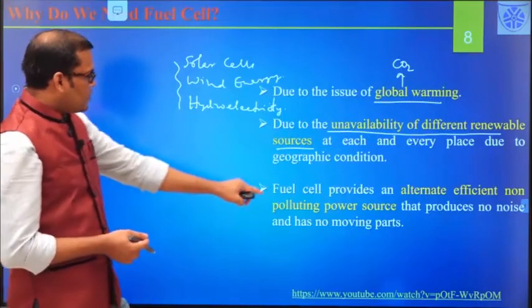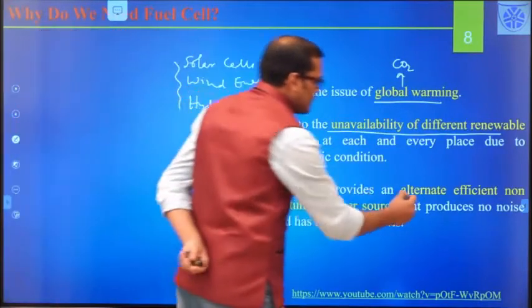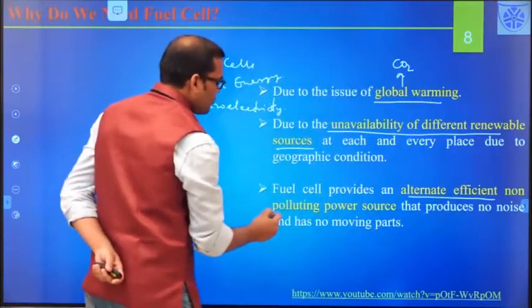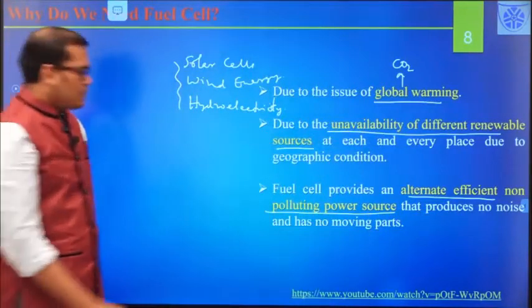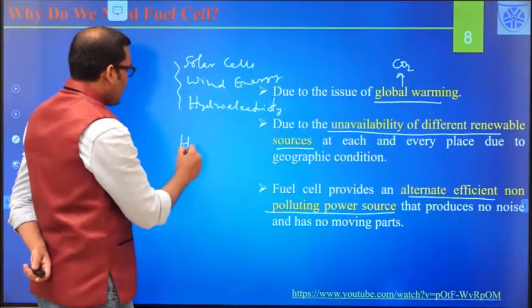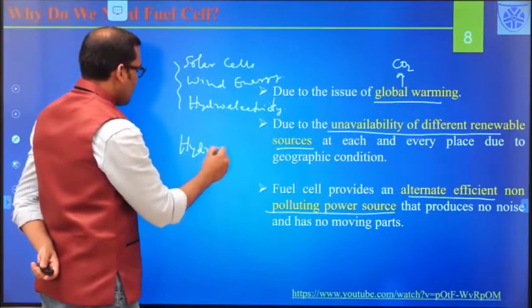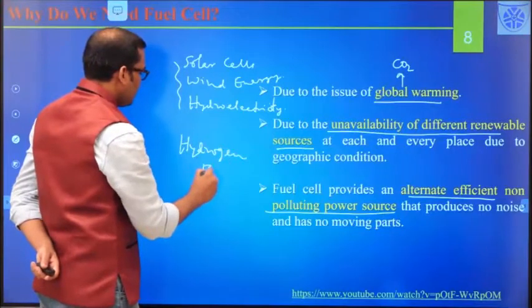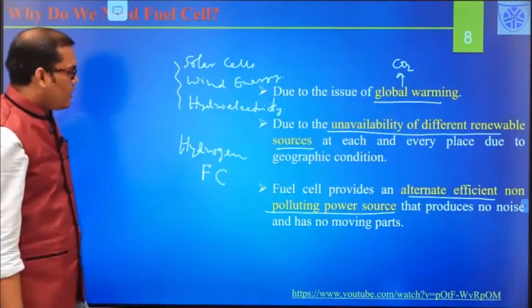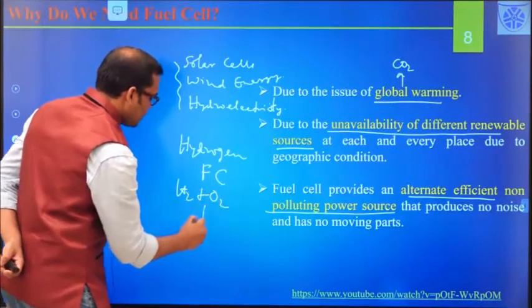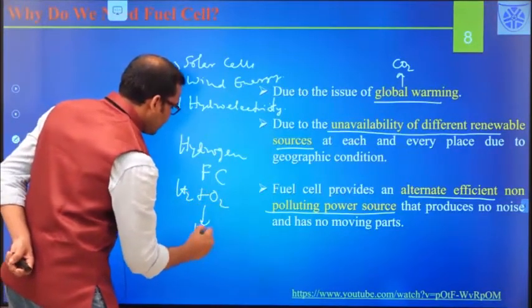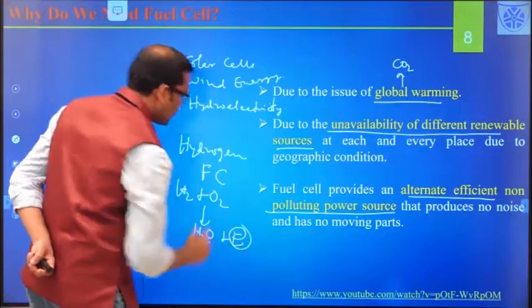The third point is the fuel cell provides an alternate, efficient, non-polluting power source. Why is it non-polluting? Because if you consider a hydrogen fuel cell, where you are using hydrogen and oxygen, finally you are getting water plus electricity, right?